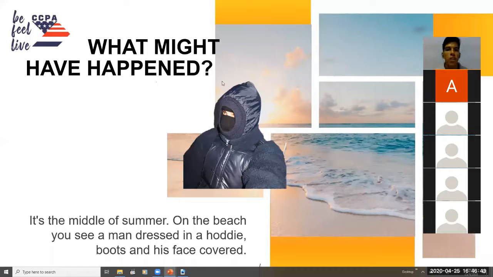Now we have this situation about this man here on the beach, dressed in a hoodie, boots, and his face covered. What do you think might have happened? I think he might be hiding from someone. Absolutely, yes. He might have been hiding from someone. Yes, you're right. Thank you, Andres.